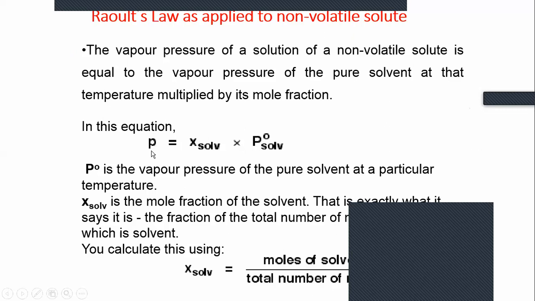You are given this as 54, and you are given this as 55. Am I correct? If I have 54 equals unknown X solvent times 55, and I want to make this the subject of my formula, I will say 54 over 55, isn't it? So that's how we got 0.98.